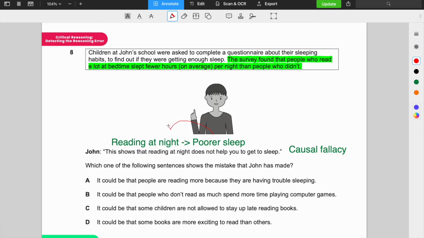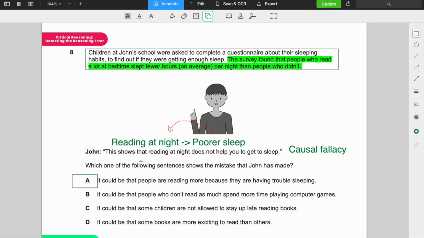So it could be the other way around. It's not necessarily that this causes this. Or it could be even a third variable leading to both. We don't know. So option A is very good because it points out that John has made a causal fallacy. He's assumed that reading causes poor sleep when we don't have enough proof to validate his claim. So A points out his mistake.